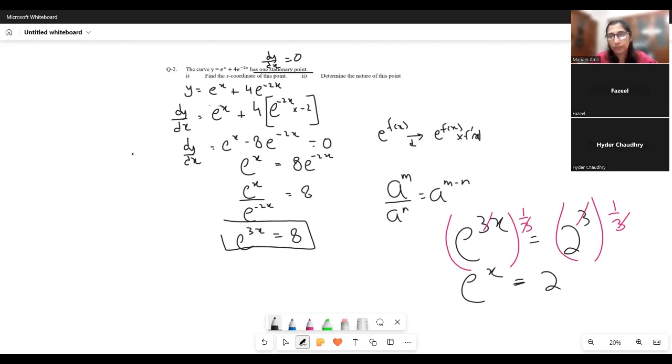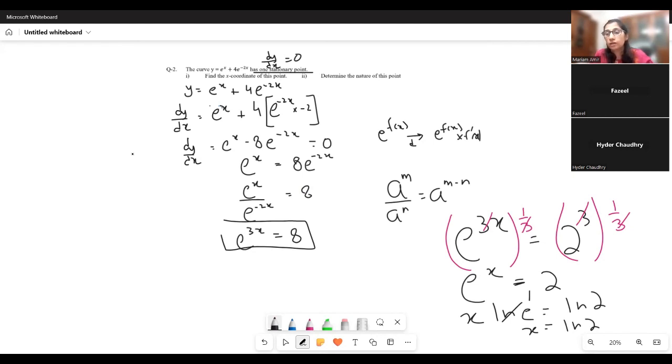Logarithms. Okay, so take natural log on both sides, ln on both sides. So it's going to be x ln e equals ln 2. So ln e is 1, so x equals ln 2. Let me check that. Yes, x equals ln 2. Ma'am, if we write it in this form, will it be marked correct? ln 2 is absolutely fine.